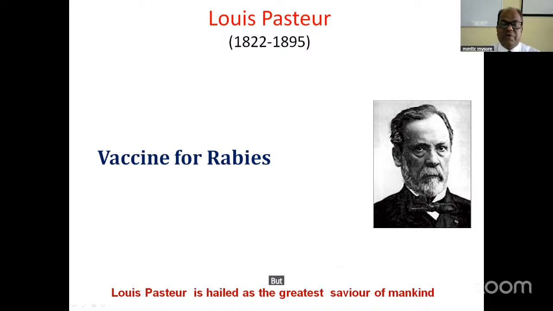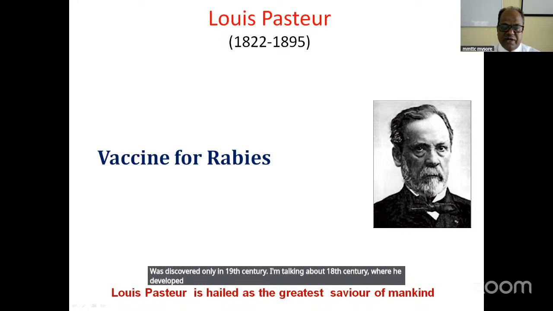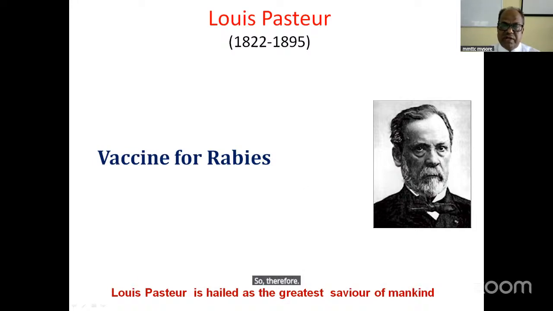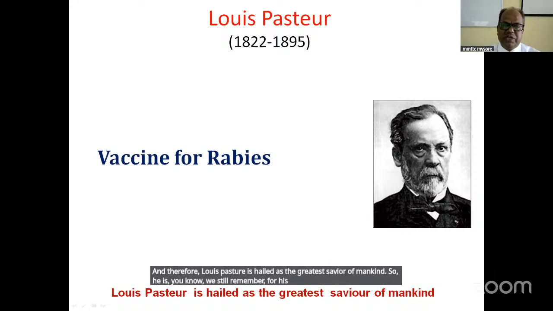But the virus responsible for rabies was discovered only in the 19th century. I am talking about the 18th century, when he developed a vaccine though nobody understood the agent responsible for rabies. The vaccine for rabies saved millions of people all over the world, and therefore Louis Pasteur is hailed as the greatest savior of mankind. We still remember him for his important contribution to microbiology.